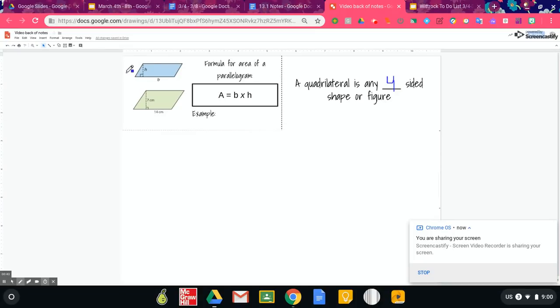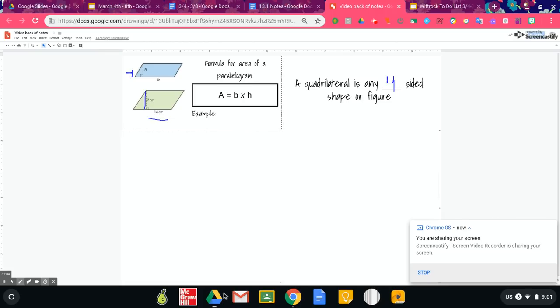So the formula for the area of a parallelogram is just base times height. It's essentially the same formula to find the area of a rectangle. A rectangle is length times width, whereas a parallelogram is base times height, but you still just multiply the two numbers together. In this example, we have a base of 14 centimeters and a height of 7 centimeters.